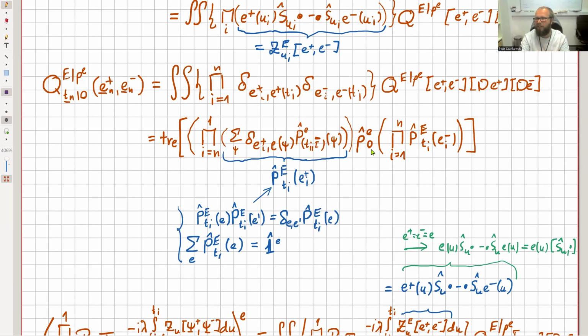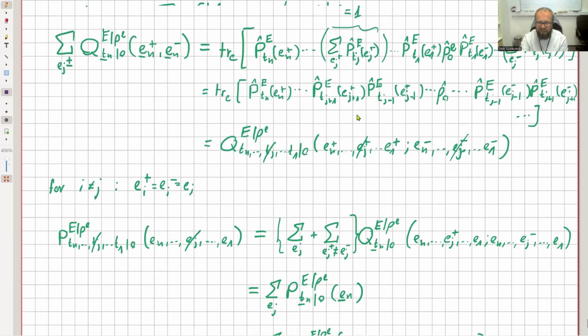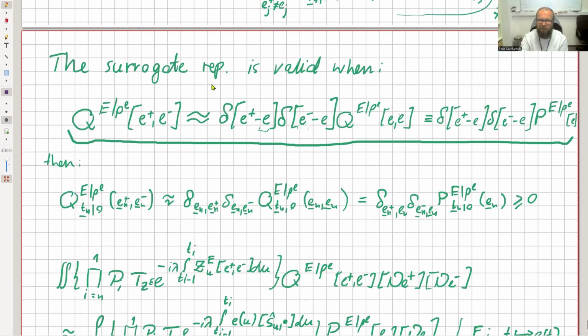It doesn't matter what system S is, or in what way it couples to the environment. The only thing that matters is what happens in the environment. In other words, if the environmental bi-probability behaves like this, so that the observable E has a valid surrogate field representation, it will be valid for any system S coupled to it.